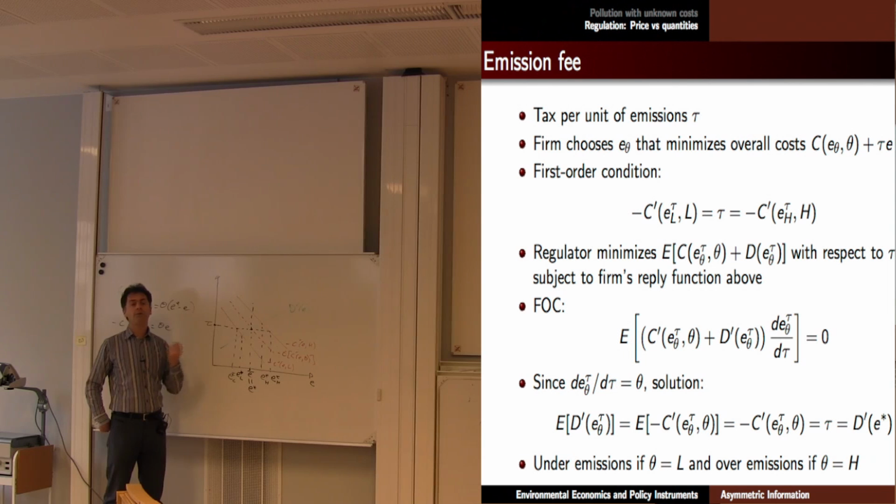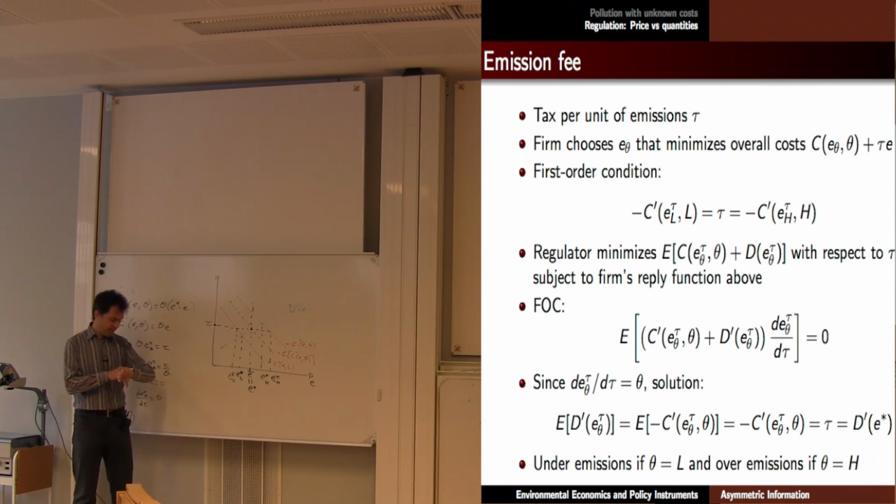The cost is higher than expected. The tax was designed for a lower cost than the real cost, and therefore the firm emits more than what was expected. So you have the opposite. So to conclude before the break, what you can take from that is that in both cases you are wrong.